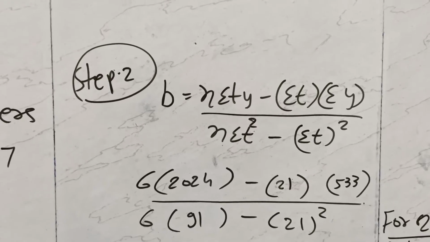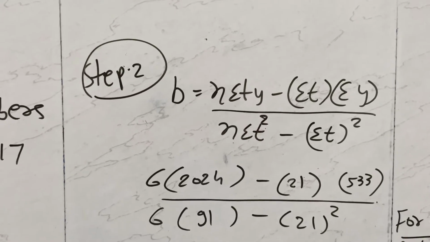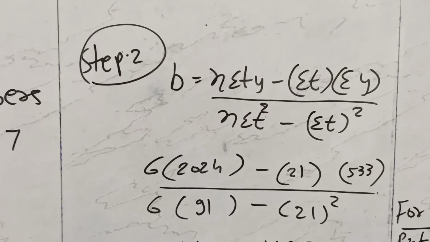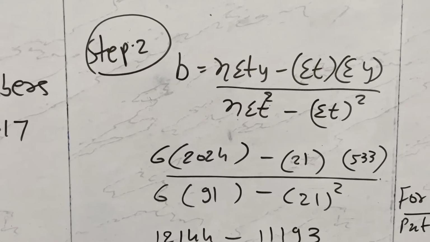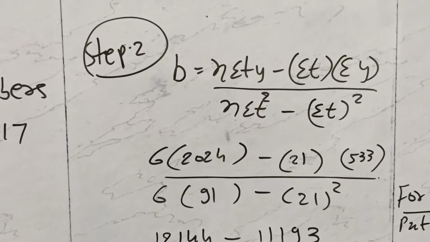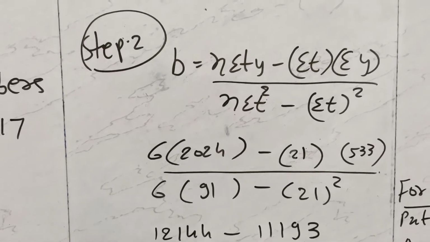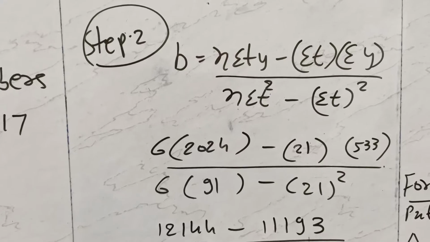First b, formula: n sigma ty minus sigma t into sigma y, upon n sigma t square minus sigma t whole square. Now put the values from the table. n, that is the number of years or number of observations, is 6.